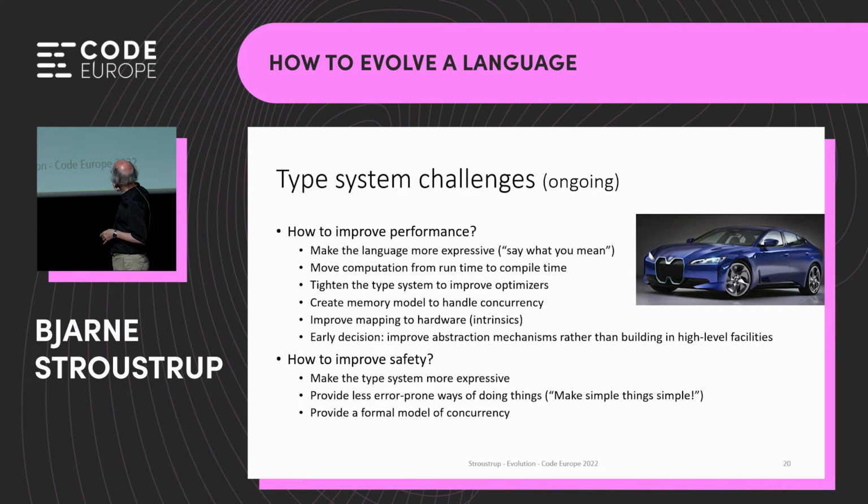Tighten the type system to improve optimizers also. Create a memory model for concurrency. We're still working on that. We have all the basics in place in the standard, but we really want to do more, and there are people working on it. And basically, this early decision that we work on improving the abstraction mechanisms rather than building in solutions to problems has held over the years.